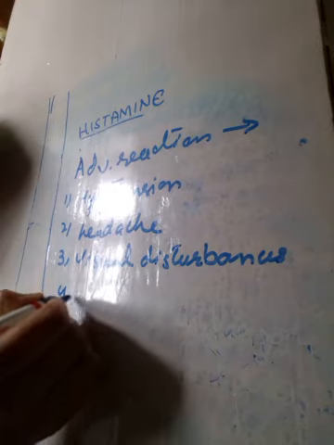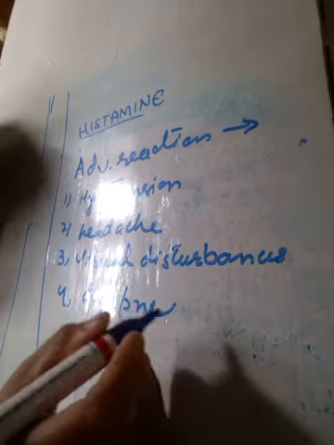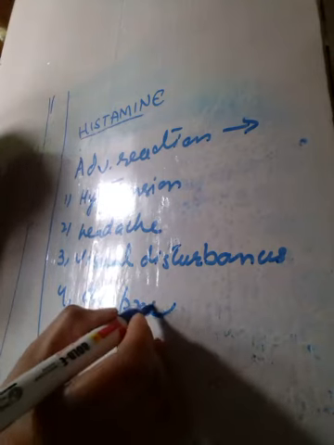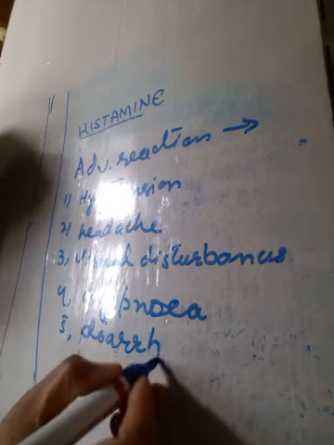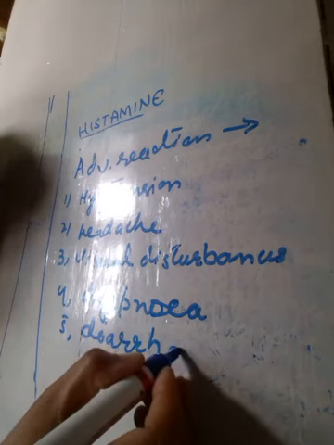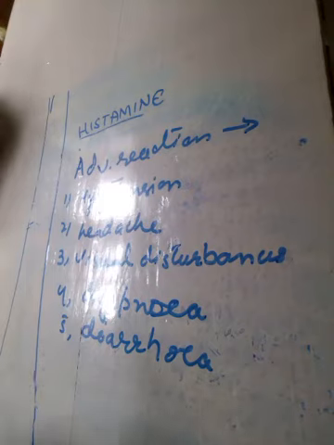Dyspnea, and diarrhea. The common adverse reactions which are observed with histamine are hypotension, headache, visual disturbances, dyspnea and diarrhea.